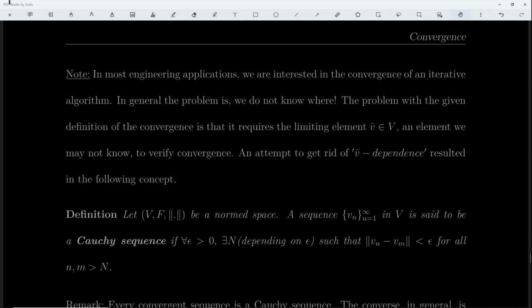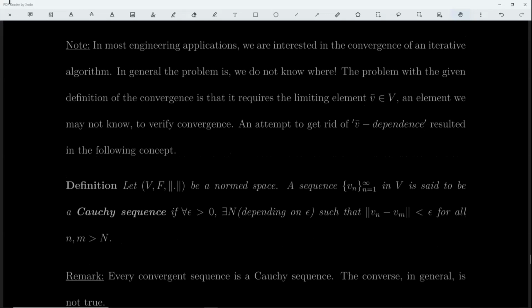So there is another definition where we still think about a series as convergent in some sense, but without using the limit value. Instead of looking at the distance of all the elements in the sequence to the limiting value v bar, we will look at the distance between the elements of the sequence.